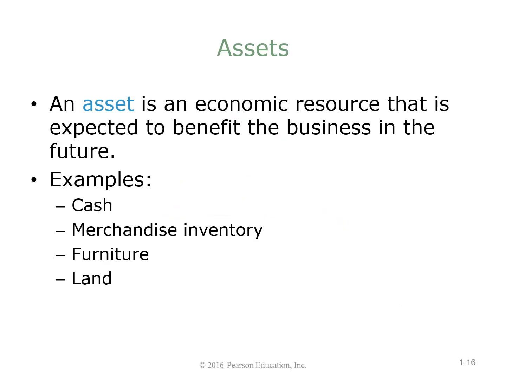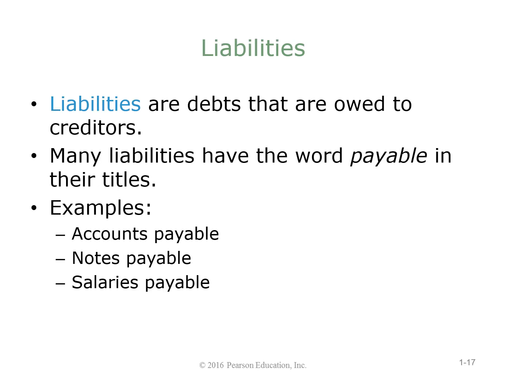Right. For the first while, we have to know what we mean by asset. An asset is any economic resource that is expected to benefit the business in the future. Whatever the company will acquire in order to yield a return, an economic benefit in the future, like cash, merchandise inventory, furniture, land, and anything else that can be considered an economic resource.